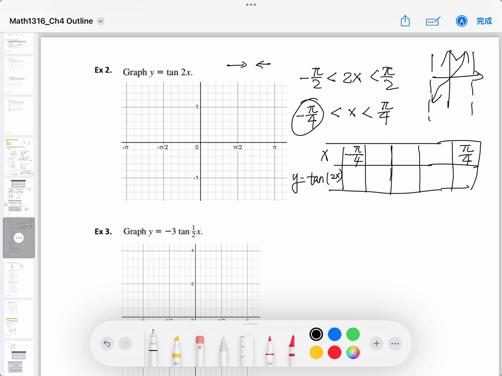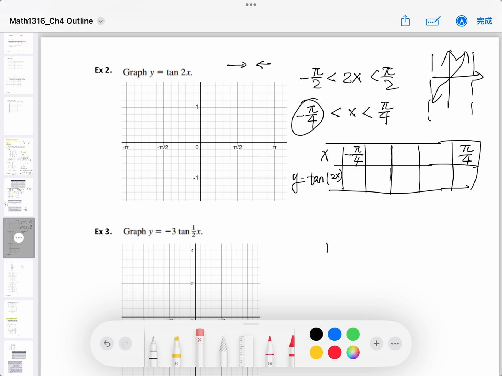In the middle, I need to find the 3 key points. We know the first and last vertical asymptotes, so cut it into 4 equal parts, based on the first one plus 1/4 of the period.